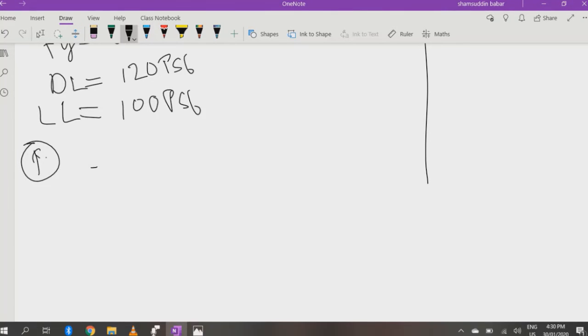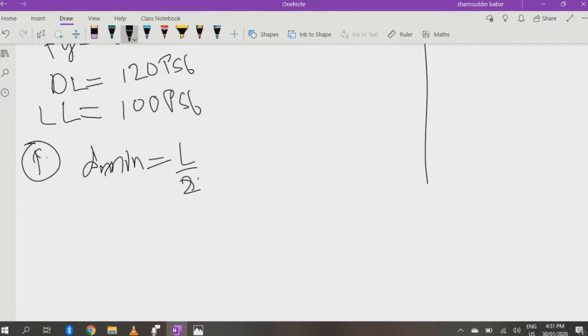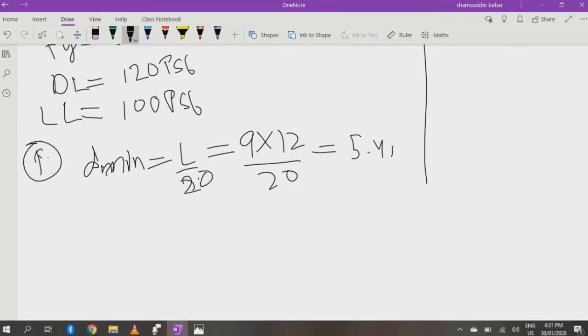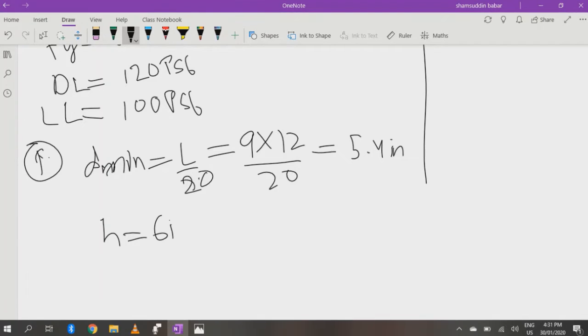D minimum is equal to L by 20, and my length is 9 feet. 9 into 12 converts that into inches, and I got minimum depth equal to 5.4 inches. So I have taken h equal to 6 inches, the overall depth of the slab.